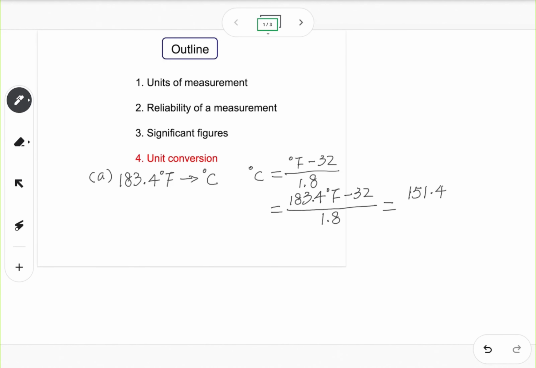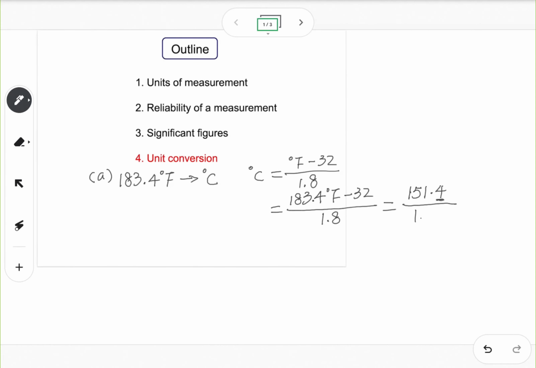It's supposed to have one decimal place, like this number has, because this number is from a measurement. We should pay attention to the decimal places or significant figures of this measurement, and we ignore those of the constants.